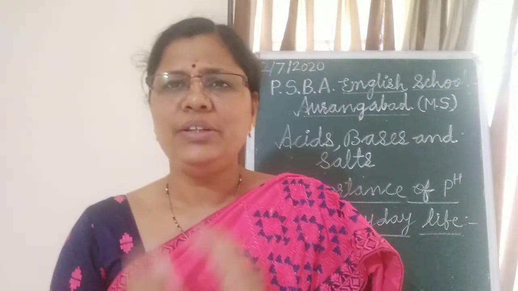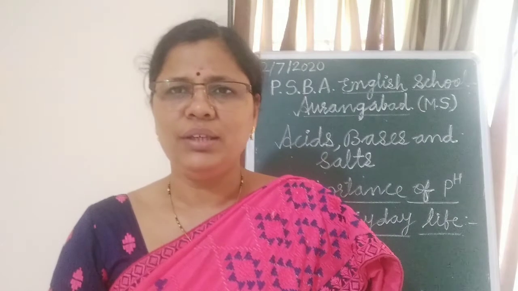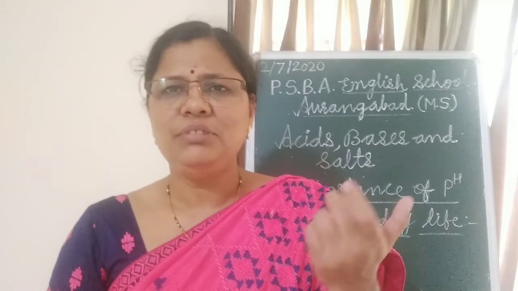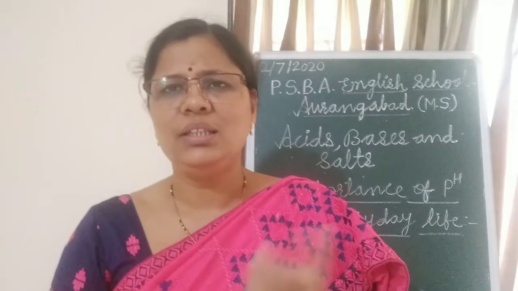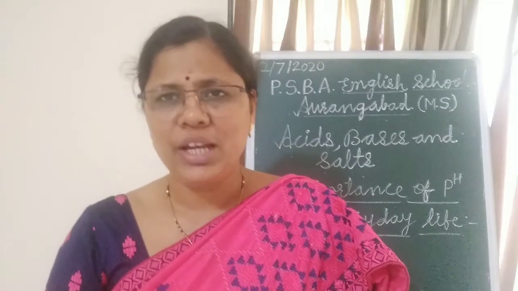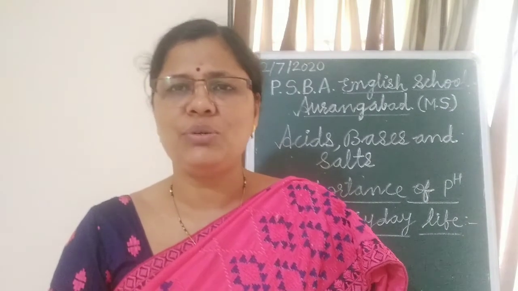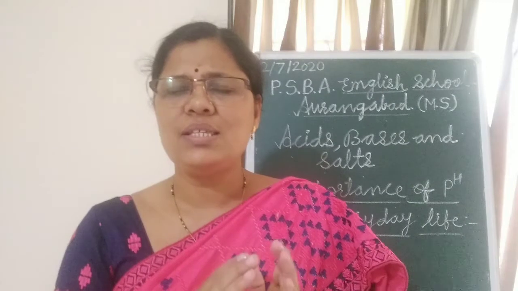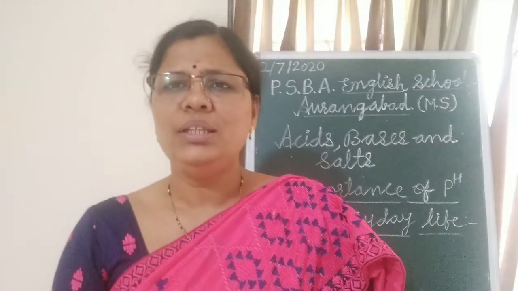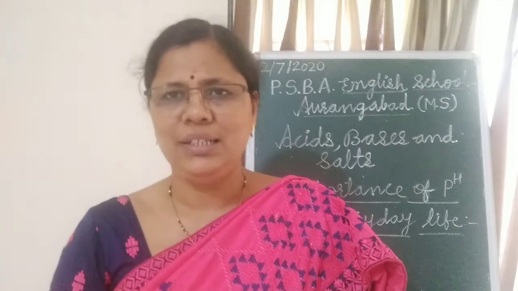Now children, acid rain. About acid rain you all know, what is meant by acid rain? Acid rain is when different gases present in the atmosphere, like sulfur dioxide, sulfur trioxide, nitrogen dioxide, react or mix with water, H2O, and different acids are formed.